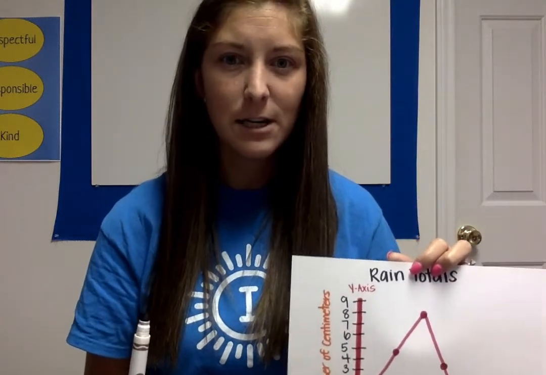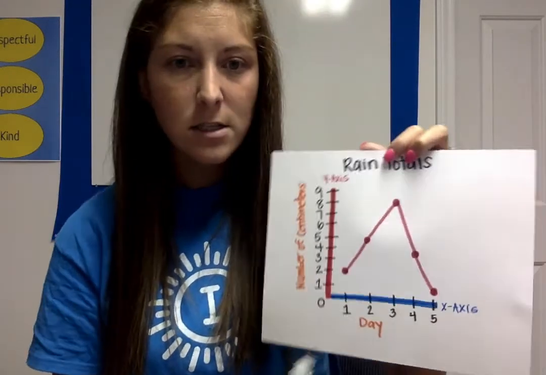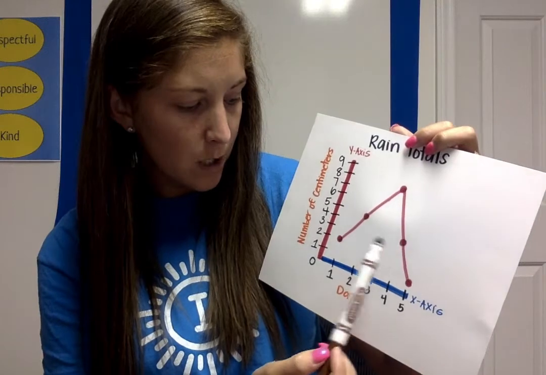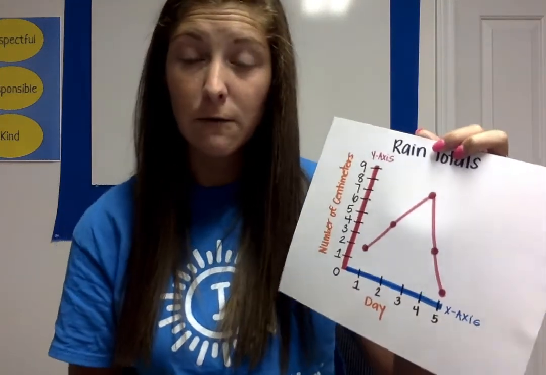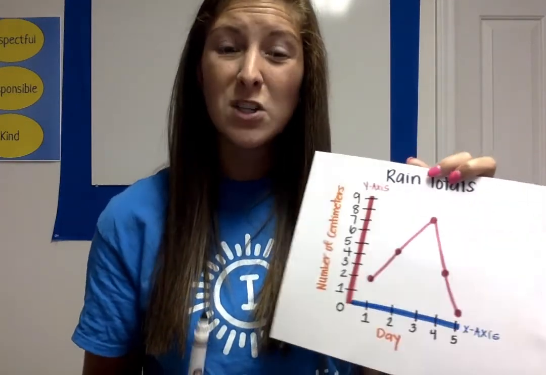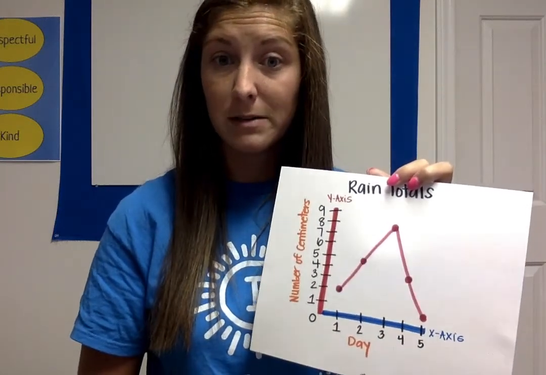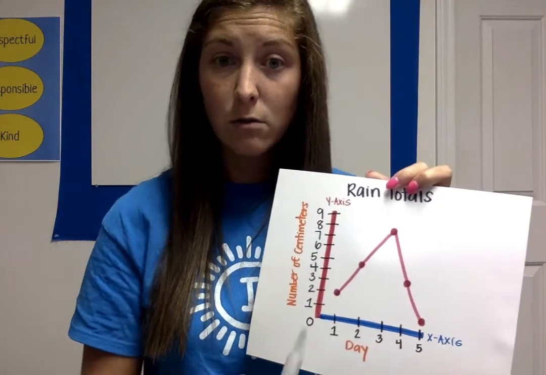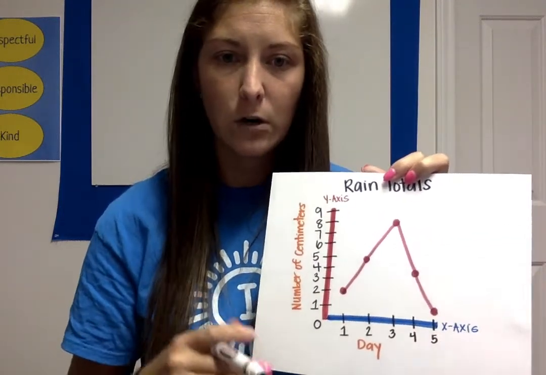What does difference mean? Well, if I'm looking for the difference, I'm going to be subtracting. So I've got to subtract 4 minus 2. 4 minus 2 is 2. So the difference between day 4 and day 1 would be 2 centimeters. We always want to make sure that those things are labeled so we know what we're talking about. If you just tell me 2, I don't know whether you're talking about day 2 or centimeters 2 or rain. Okay, so you have to be very specific when you're naming those.